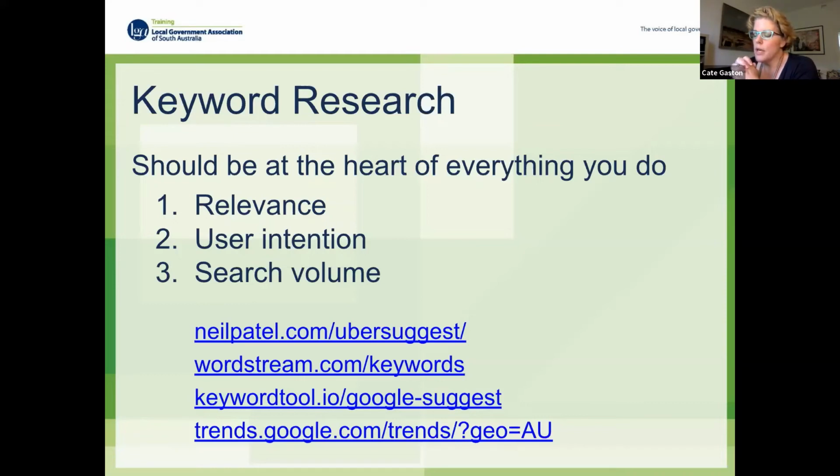By using those terms, instead of council speak, you're putting everyday public constituent language on the website, because that is what they're going to be Googling in the search engine.